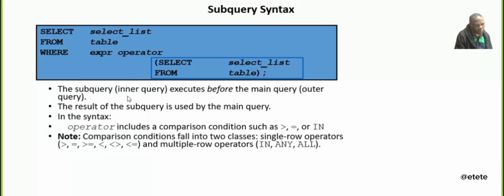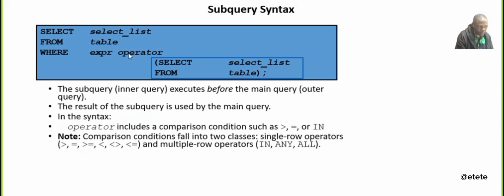Now, the subquery, which is called the inner query, executes before the main query, which is the outer query. The result of the subquery is used by the main query. In the syntax, operator includes a comparison condition such as greater than, equals to, or in.